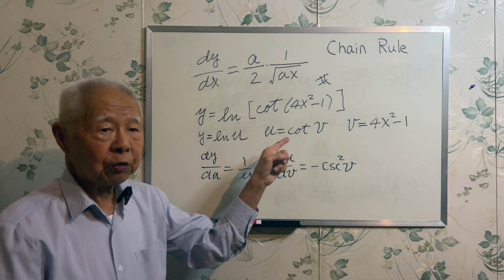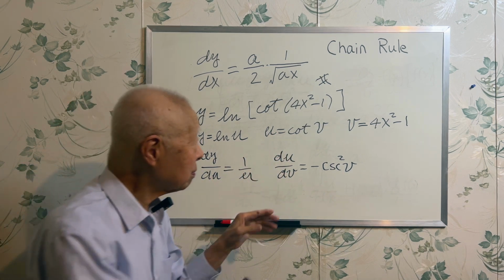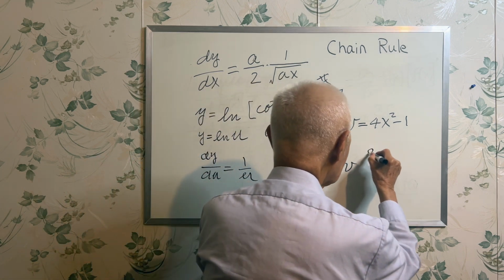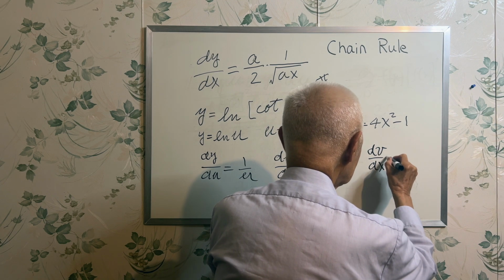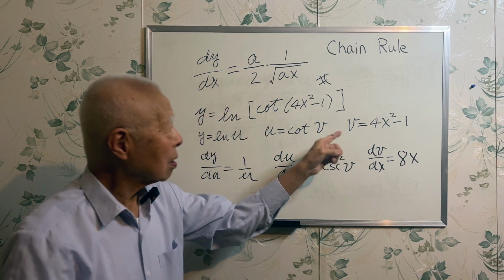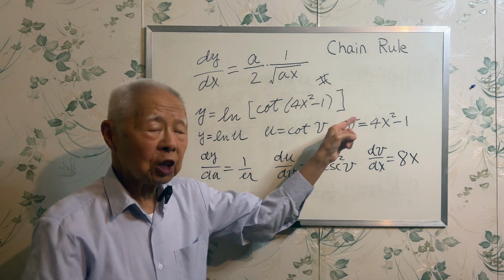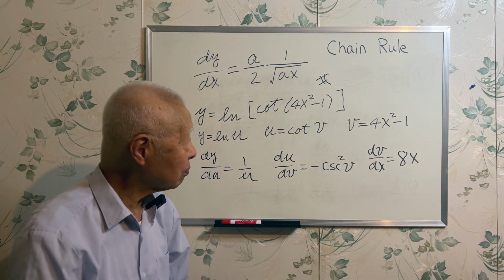The derivative of cotangent is negative cosecant squared. The derivative of this polynomial, using the power rule, is 8x.